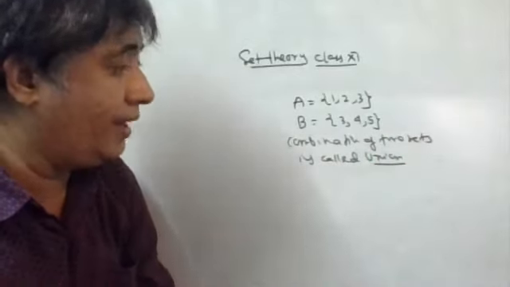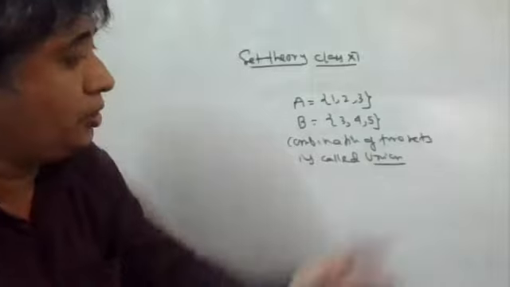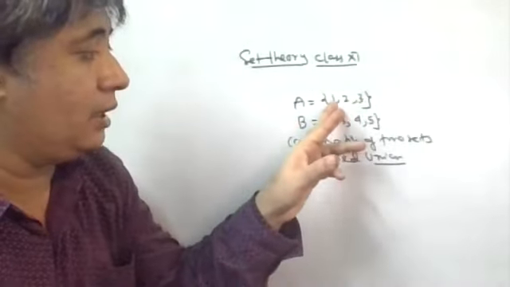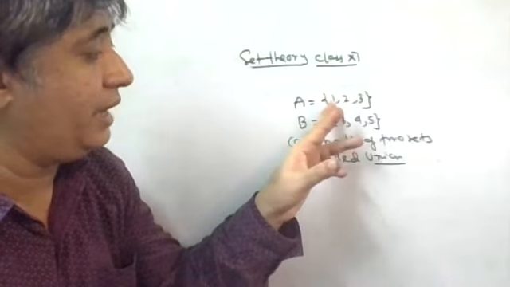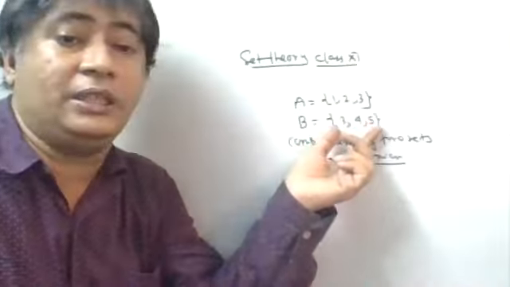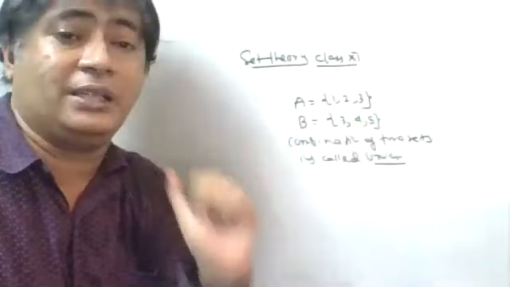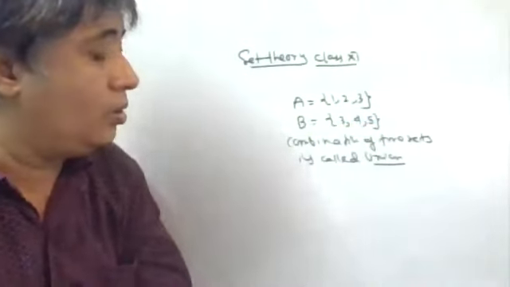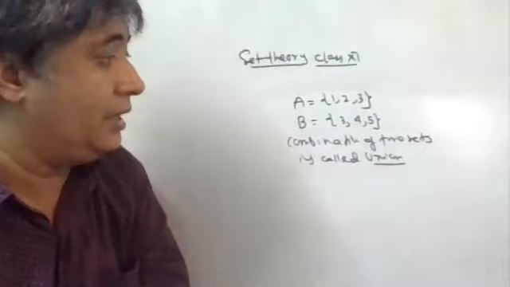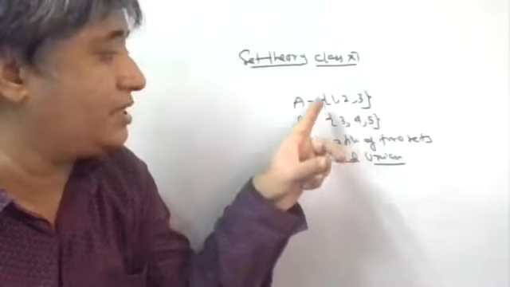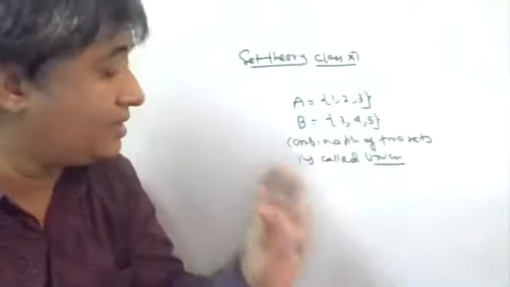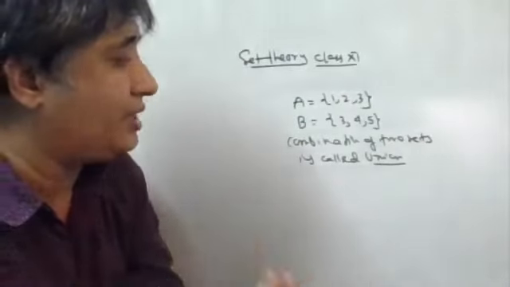Okay. One example. Suppose in a room 3 students of the engineering stream are sitting, and in another room 3 students of the medical stream are sitting. Now, when told to count the total students, apparently it seems to us 1, 2, 3, 4, 5, 6. But after counting, what did you see?